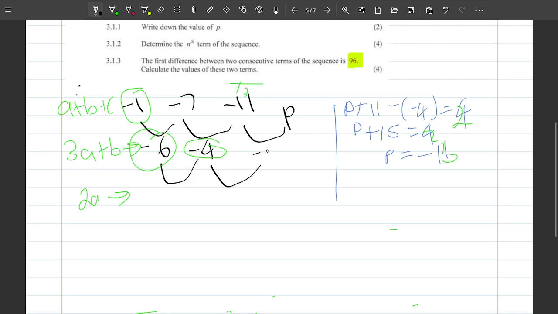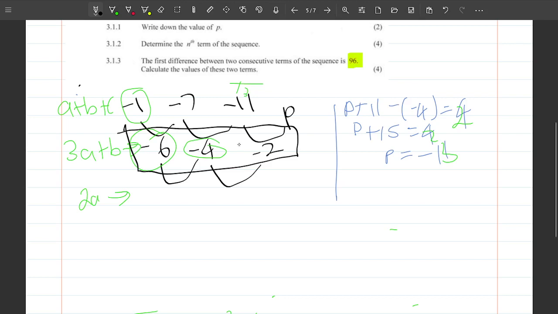Okay, so we're just imagining this as if it was a linear number pattern. So they're saying somewhere along the way of this linear number pattern, there are two values that add up to 96. That is a very interesting question. So the first difference between two consecutive terms of the sequence adds up to 96.